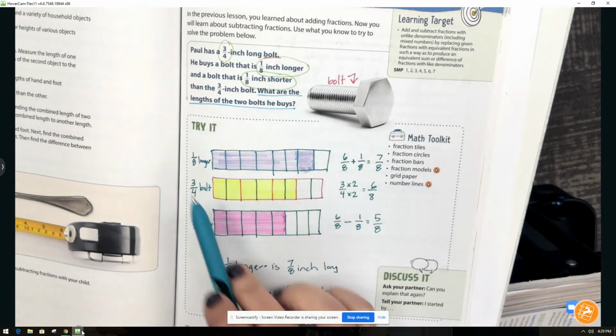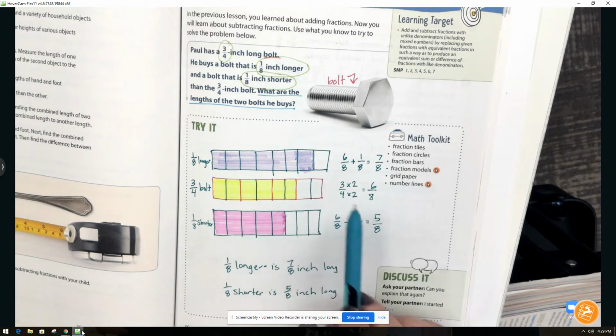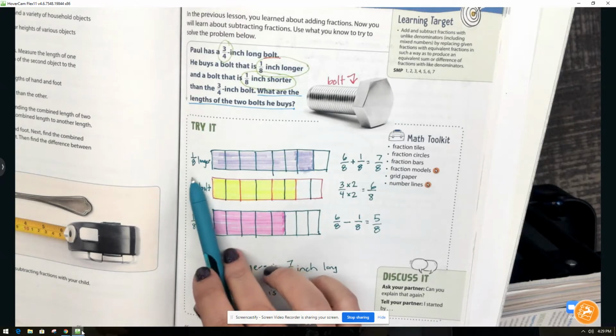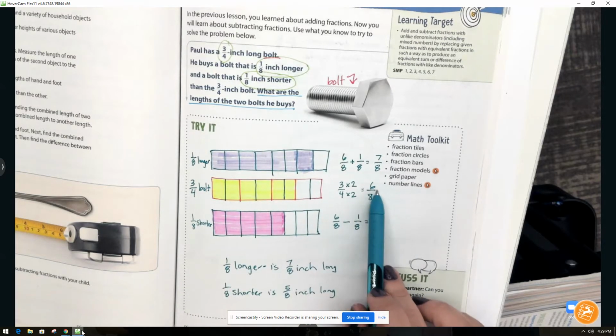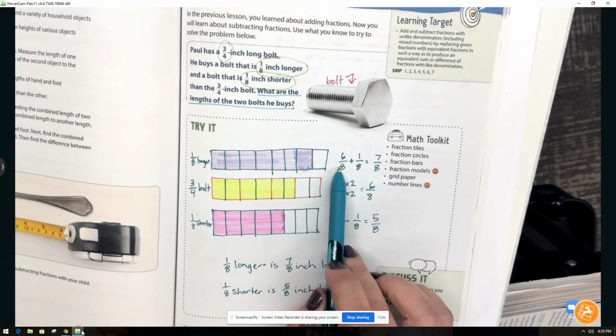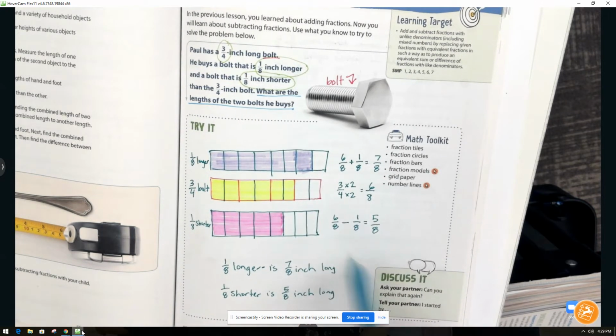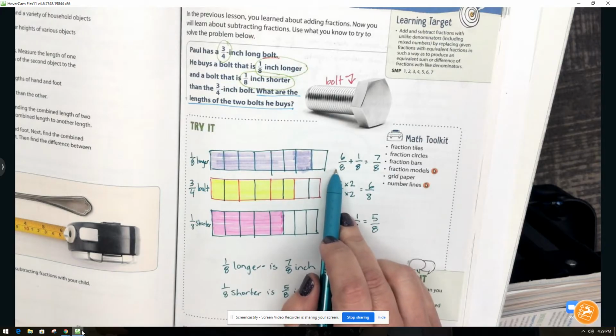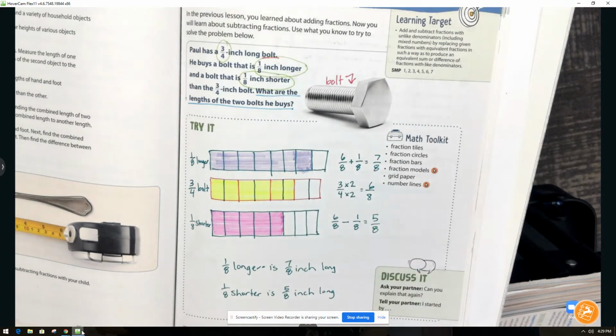So now we have a picture that shows what we did. We also showed that we found an equivalent fraction for 3/4 to get 6/8. And then we showed here we added fractions, and here we subtracted, and we had to make sure that we had common denominators. So great job.